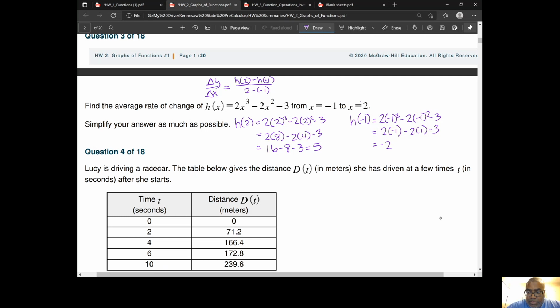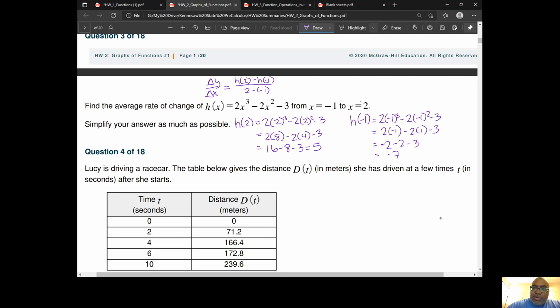This is equal to -2 minus 2 minus 3. So that is -7.